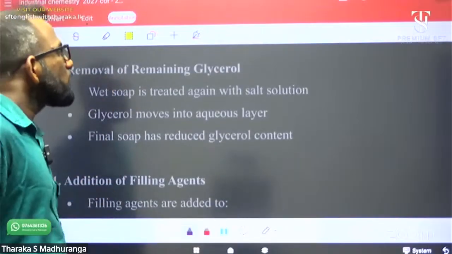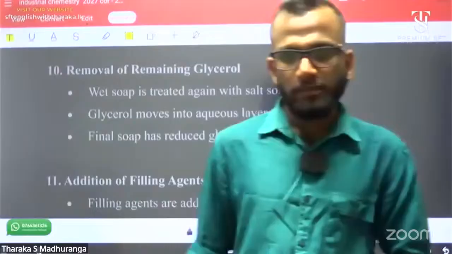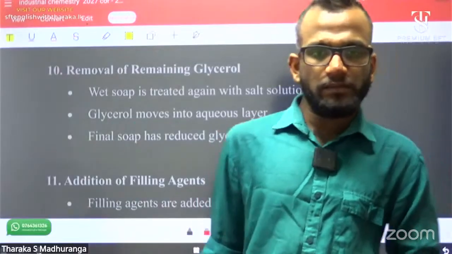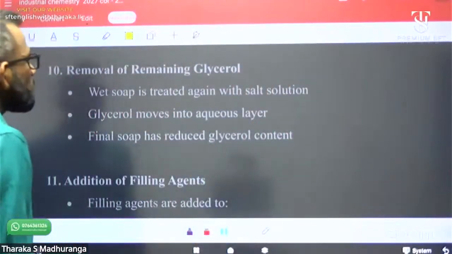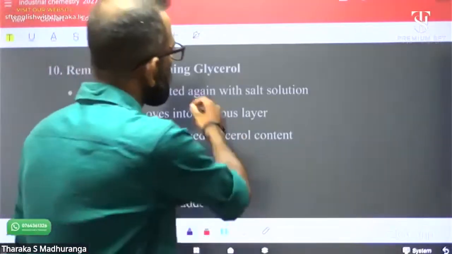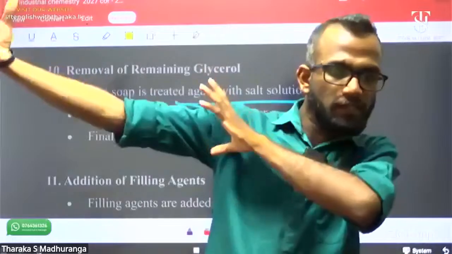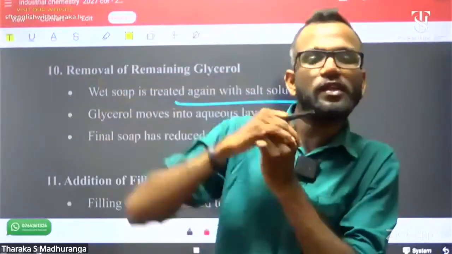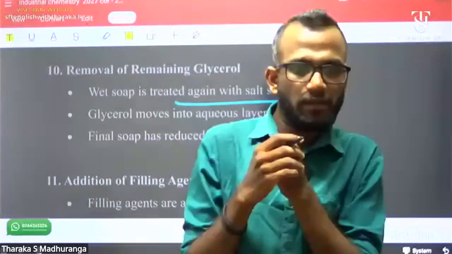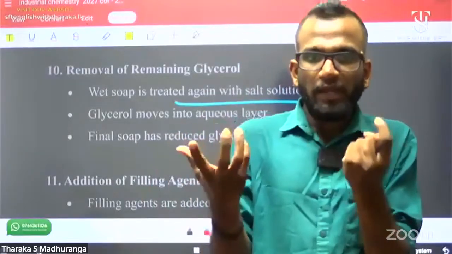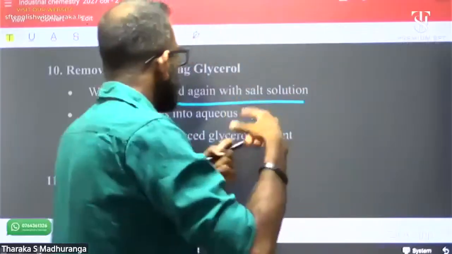Okay, removal of remaining glycerol. Wet soap is treated again with salt solution. I told you, after soap separation we can add salt to remove the remaining glycerol. Again centrifugation.